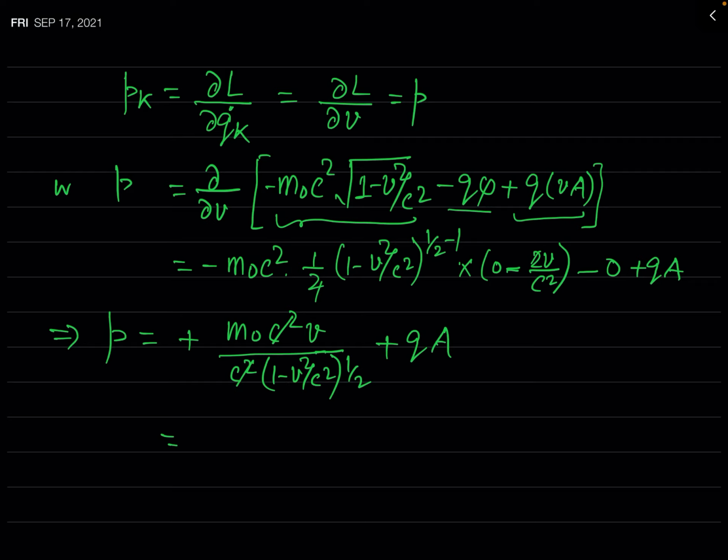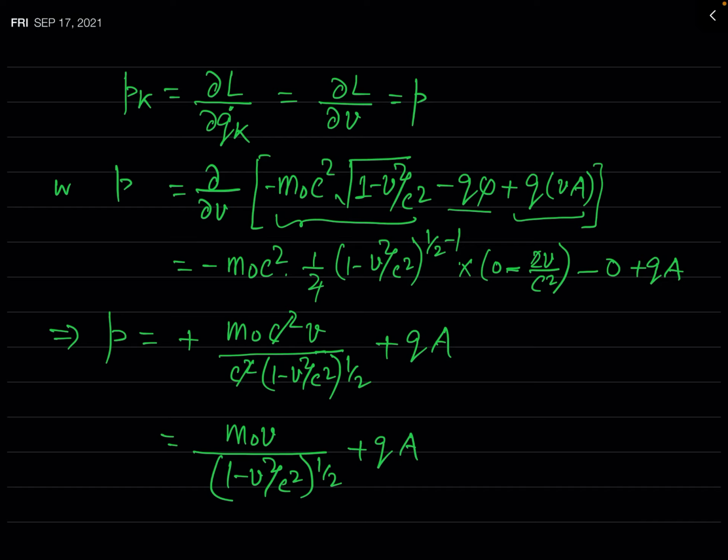Now see, what is our result? This is actually equal to m naught v over 1 minus v square over c square to the power half, plus qa.